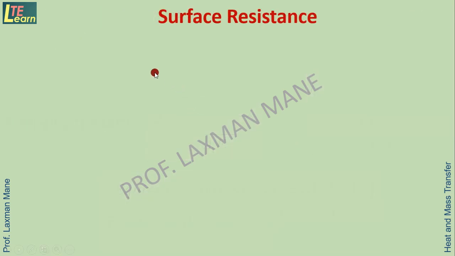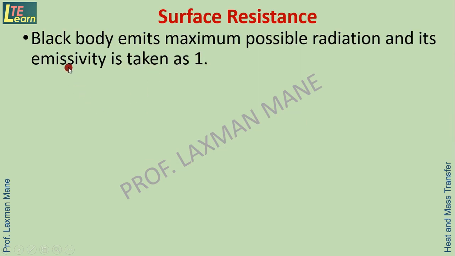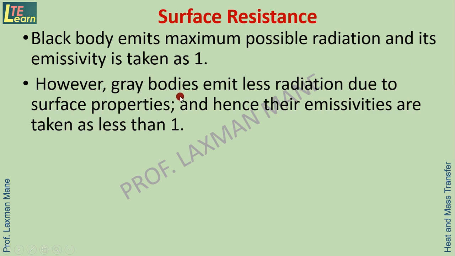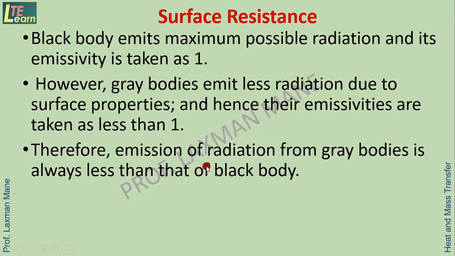So now we will study what is surface resistance. We know that a black body emits maximum possible radiation and its emissivity is taken as 1. However, gray bodies emit less radiation due to surface properties, and hence their emissivities are taken as less than 1.